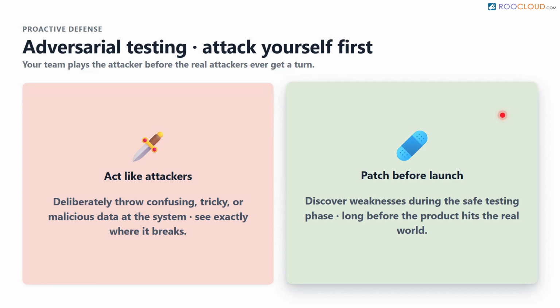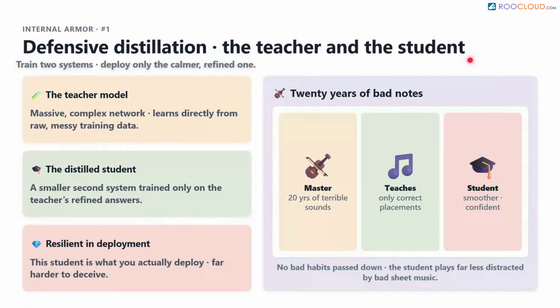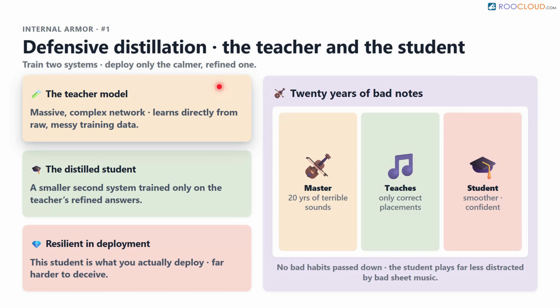Now we will explore two advanced techniques used to mathematically harden the algorithm itself. The first is called defensive distillation. Distillation is an elegant way to detect and guard against deceptive inputs. It involves training two completely separate systems. First, engineers build a massive, complex network called the teacher model, which learns from raw, messy training data.